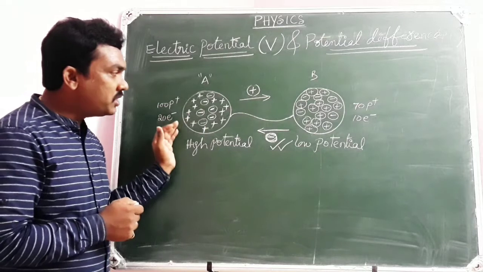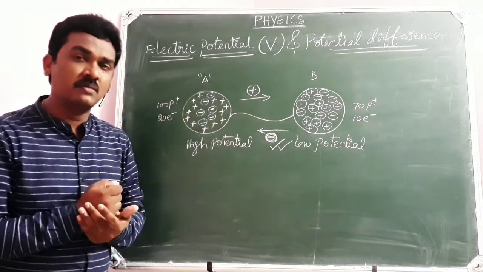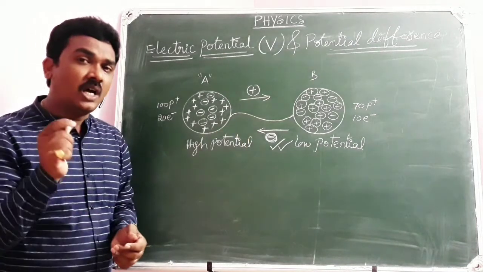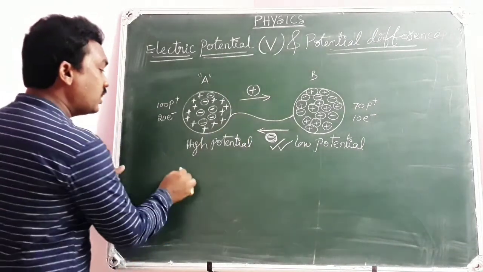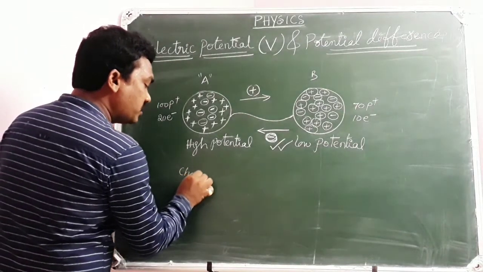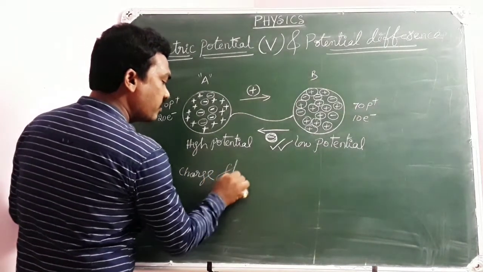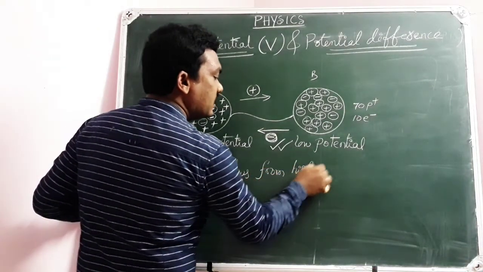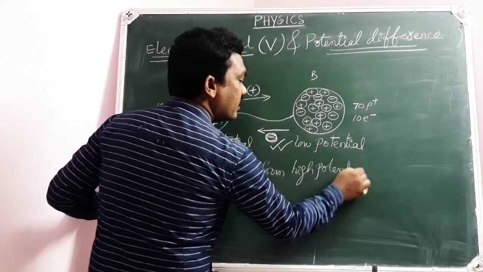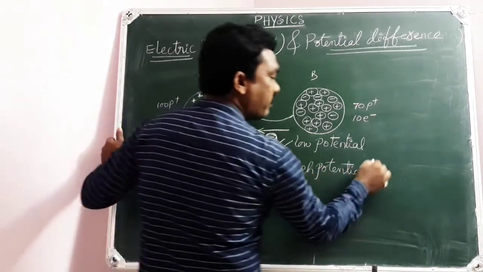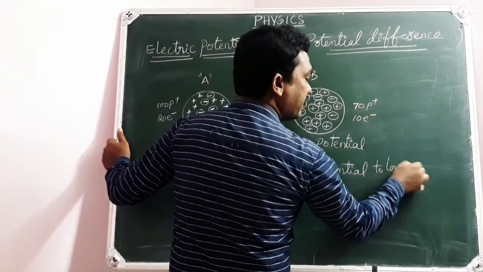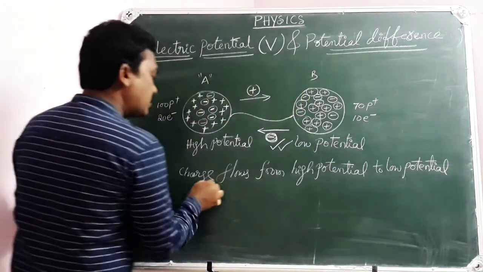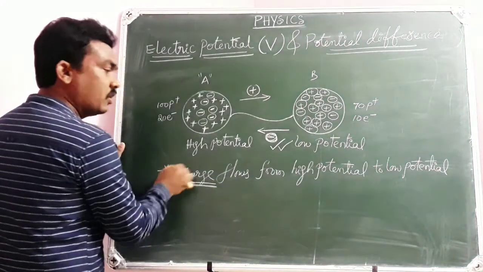When there is some potential difference between two points connected by a conducting wire, then charge flows, I repeat, charge flows from high potential to low potential. Like heat flows from high temperature to low temperature, like air blows from high pressure to low pressure, charge flows from high potential to low potential.